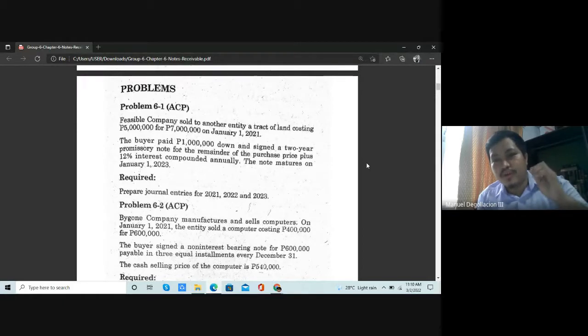We will also be debiting cash because we received cash. And aside from cash, we receive a promissory note which evidences our right to collect from the buyer the amount of 6 million. So from that transaction, we recognize the notes receivable in the amount of 6 million.